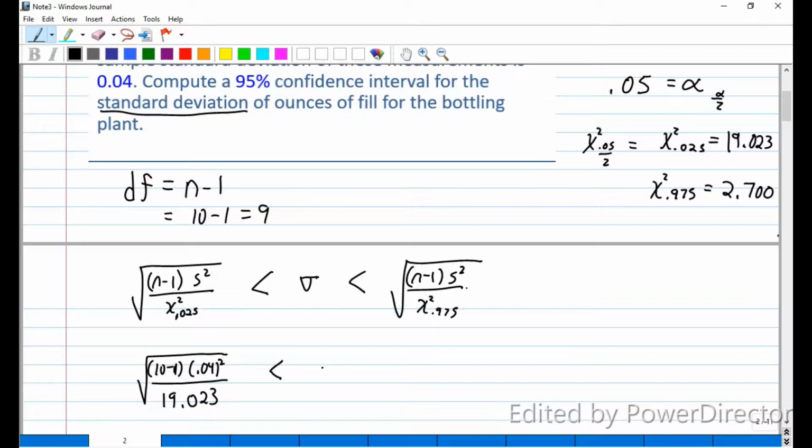It's going to be less than the actual standard deviation, which is less than the square root of 10 minus 1 times 0.04 squared divided by 2.700.